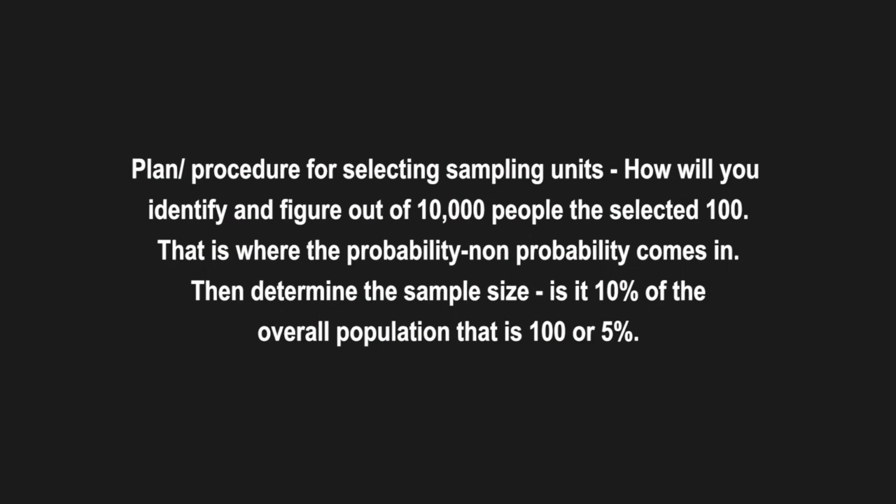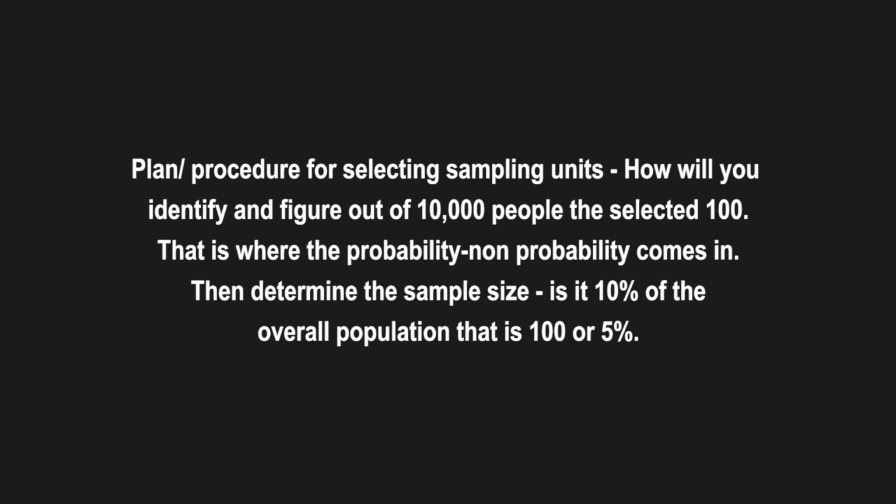Even for media research, in social science, in any kind of humanities work. Then plan the procedure for selecting sampling units. That is, how will you identify and figure out, because you have 10,000 people, how do you decide on your selected 100 people? That is where probability and non-probability come in. Then determine the sample size. Is it 10% of the overall population?